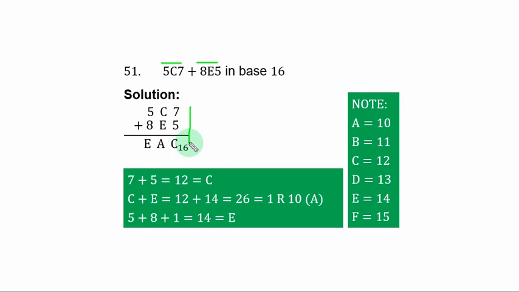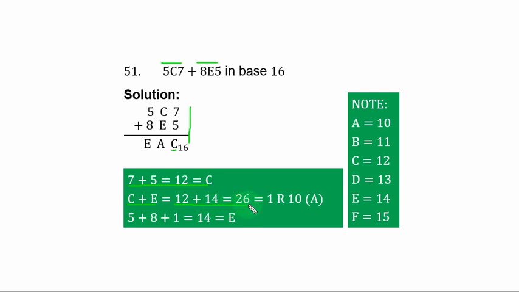So the first column is 7 plus 5, that is equal to 12, and in base 16, 12 is equivalent to C, so you write C down, not 12. The next column, you have C plus E, that is 12 plus 14 equal to 26.